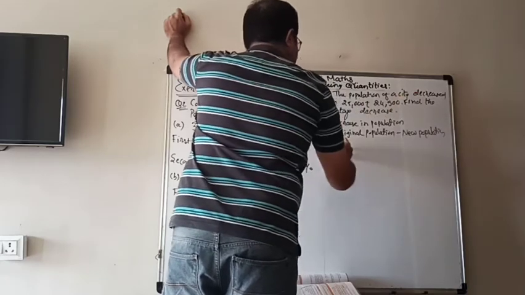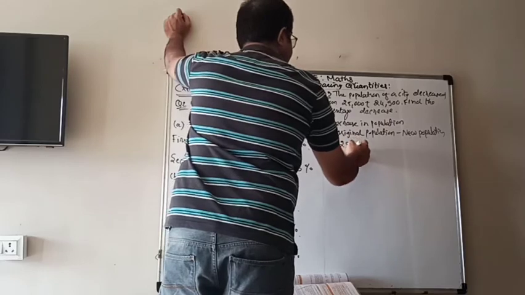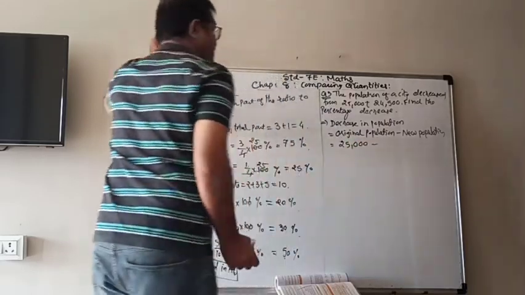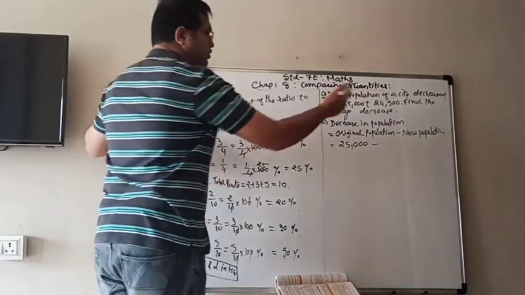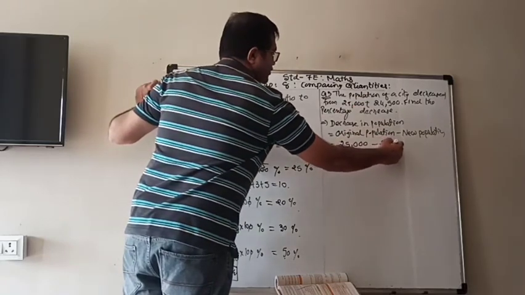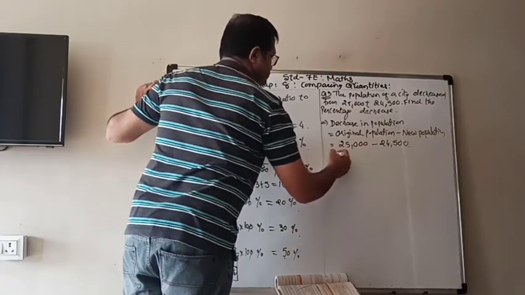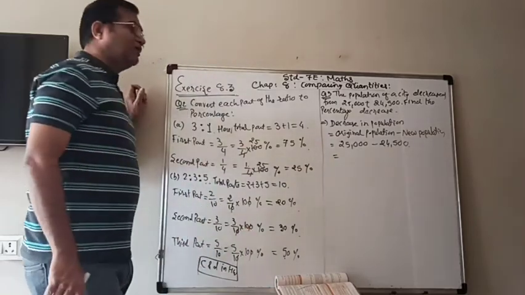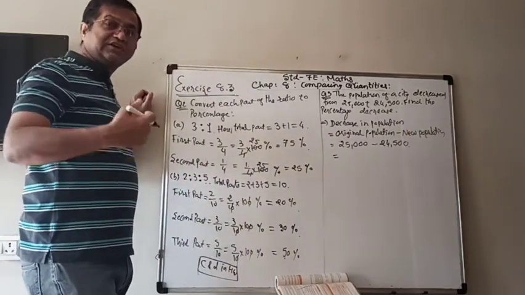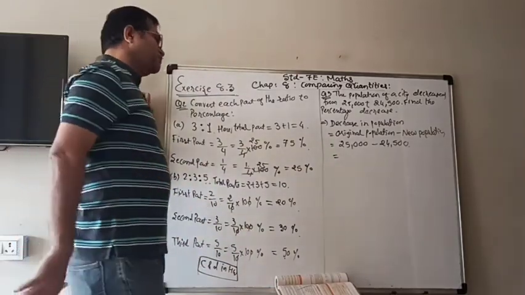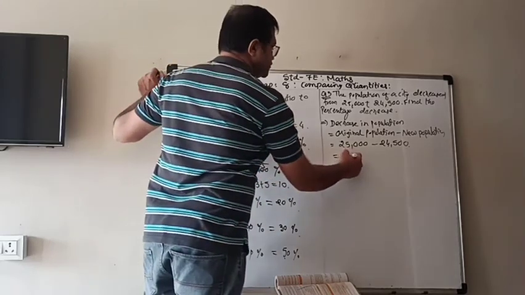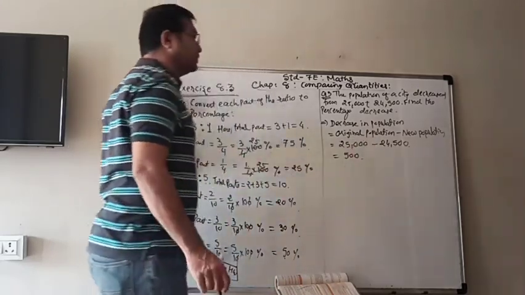So it was how much? 25,000 minus the new, 24,500. So how many people decreased? Obviously 500. So it is equal to 500.